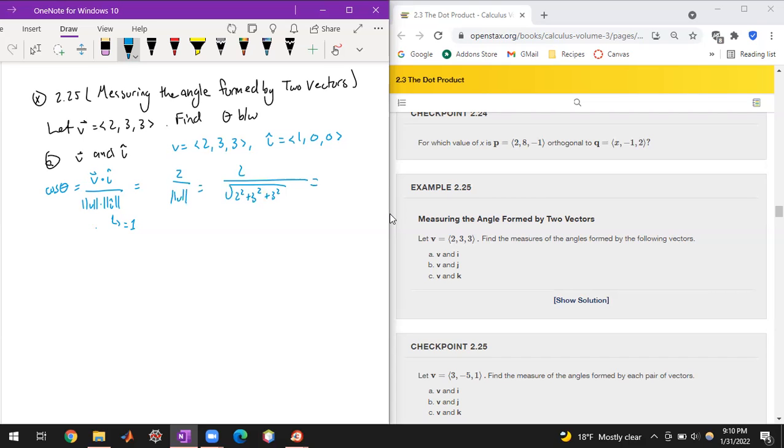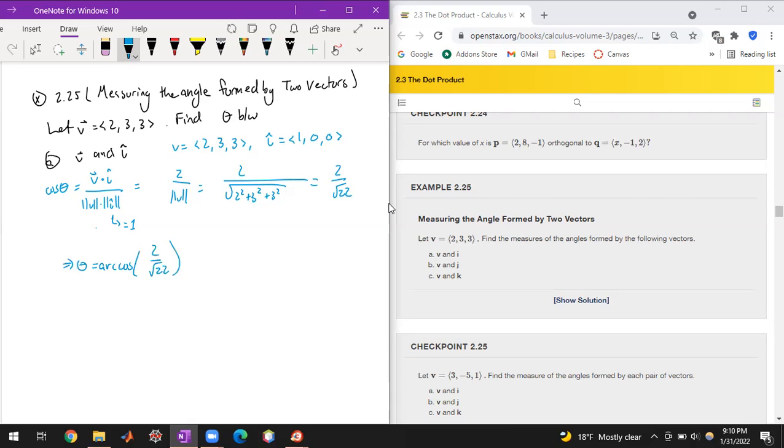That is 4 plus 9 is 13, plus 9 again is 22, so 2 divided by the square root of 22. That gives us the cosine of the angle.